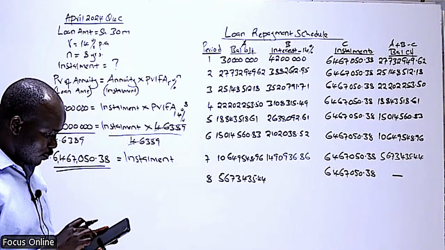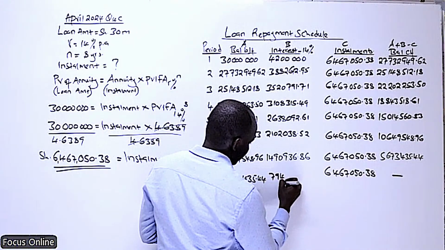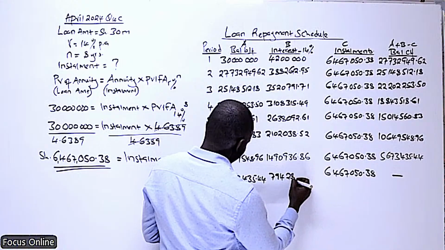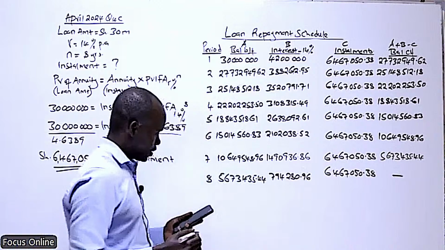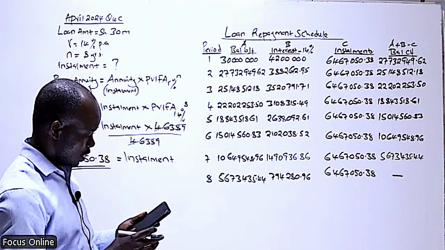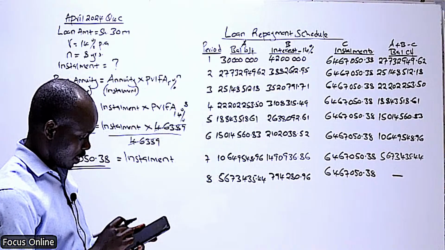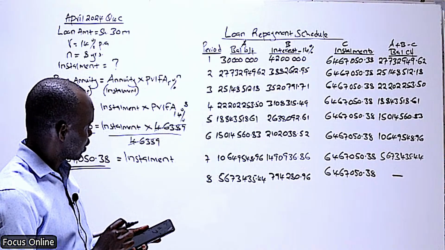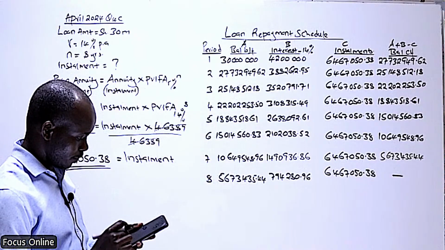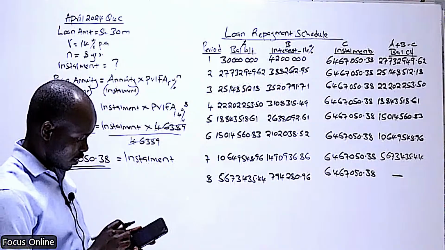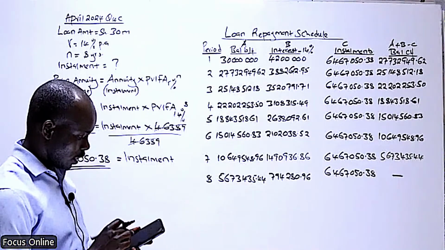Then times 14%, 794,280.96. So 5,673,435.44 plus that minus 6,467,050.38.